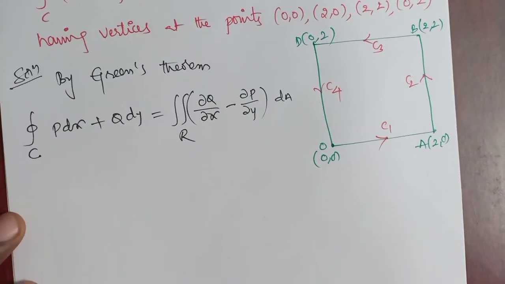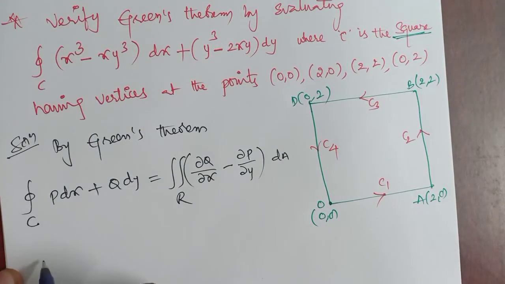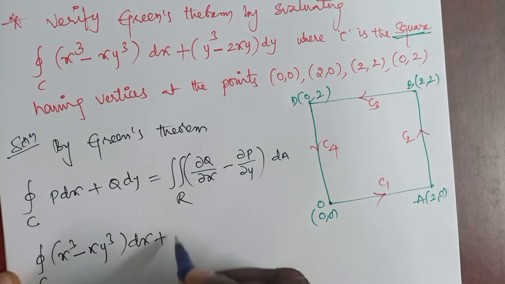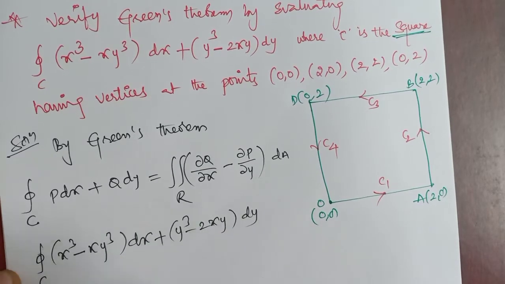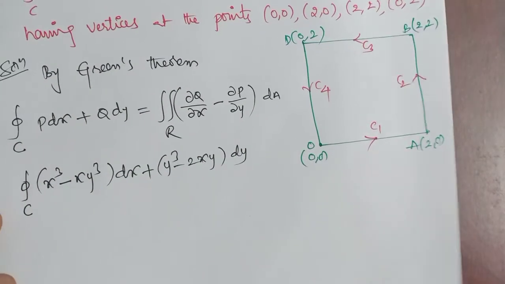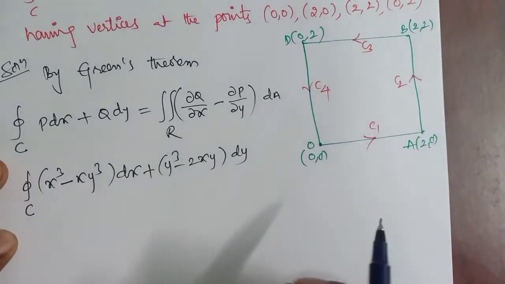Okay students, now what is given, that is the line integral along the curve of (x cube minus xy cube) dx plus (y cube minus 2xy) dy. Now we have to evaluate this by using all these 4 curves.